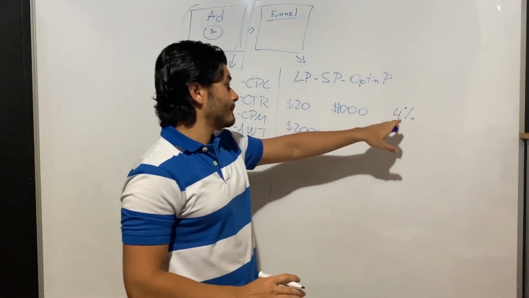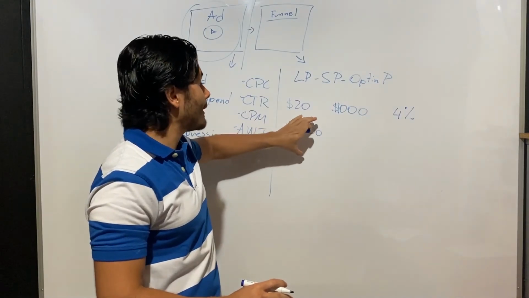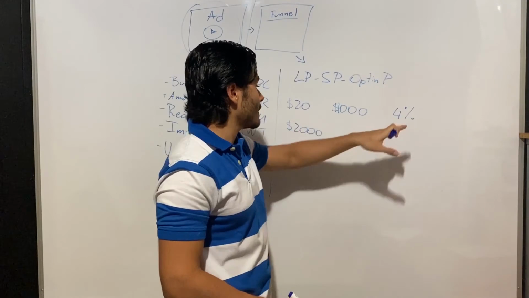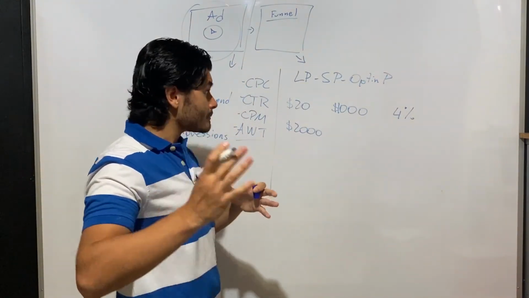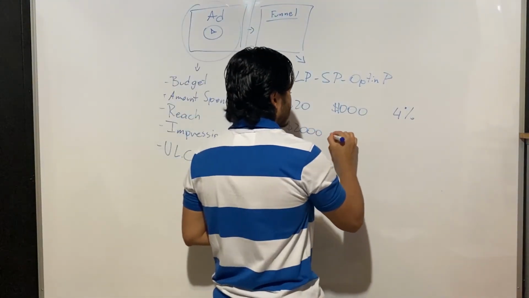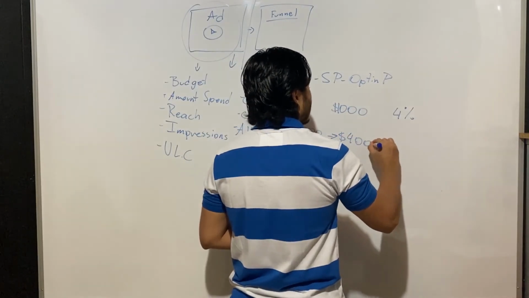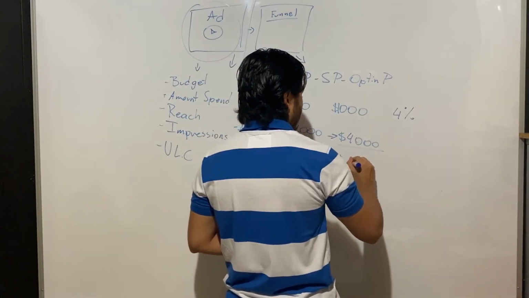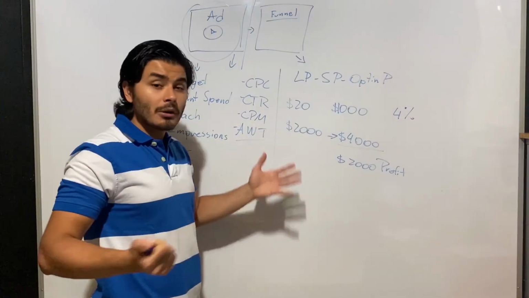With these $2,000 we have 100 leads, and 4% of them convert, which means 4 people bought your service, which means you are making $4K revenue, which means $2K profit. You are making money.